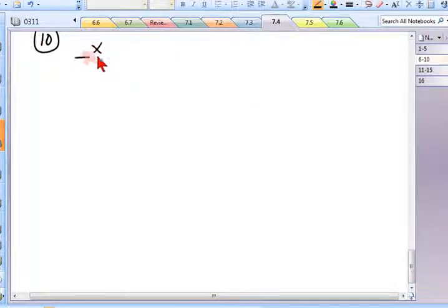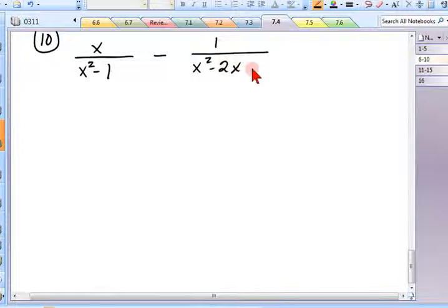We have x over x squared minus 1 minus 1 over x squared minus 2x plus 1. I need a common denominator. In order to do that, I need to factor these. What technique can I use to factor the first one? Difference of squares.